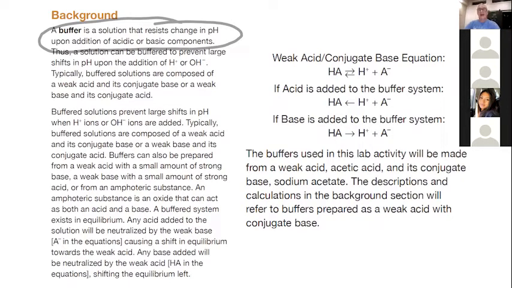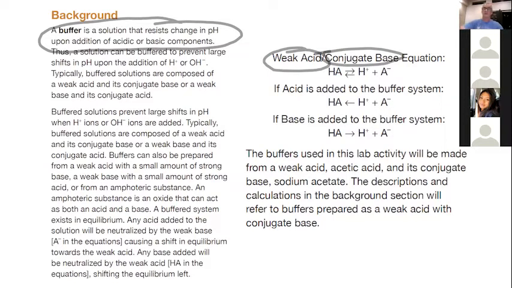Now, if we add acid or base, it resists changes to pH. If we just used the weak acid, it would resist changes to pH if we added a strong base. But if we added a strong acid, it really wouldn't do anything. The pH would go down. That's why we want to have both the weak acid and the conjugate base there.